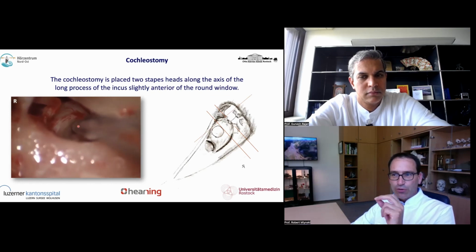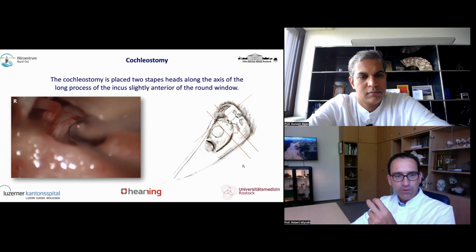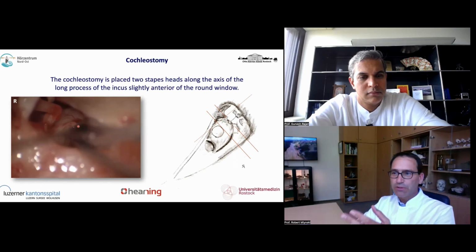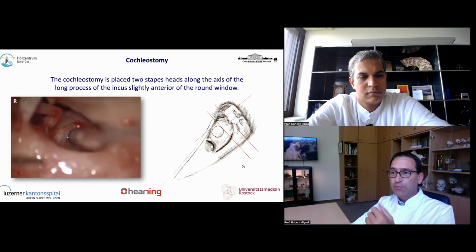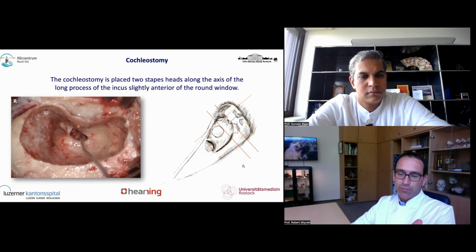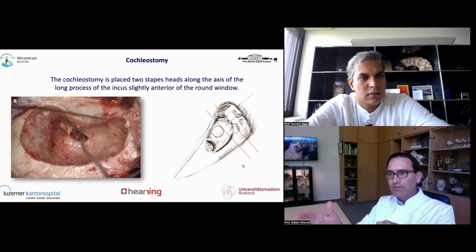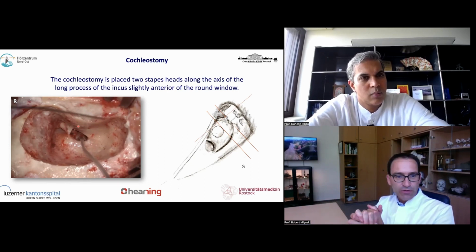So you should also train this now and then in the temporal bone, because I just come from a surgery where a patient couldn't be implanted because the basal turn was obliterated. The previous surgeon stopped the surgery, and then we did a cochleostomy, and it was no problem inserting the electrode.